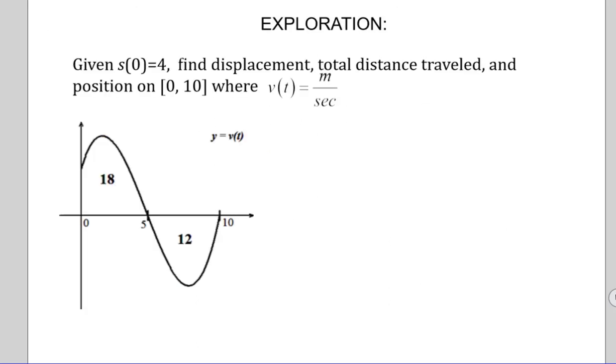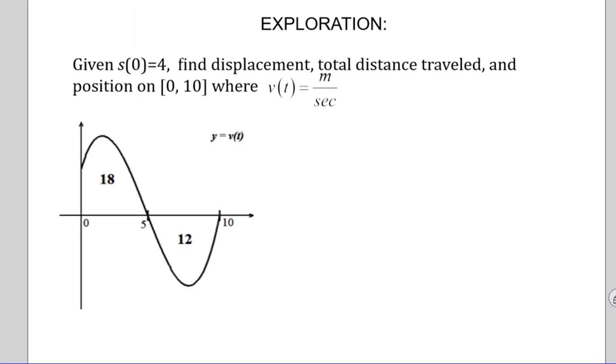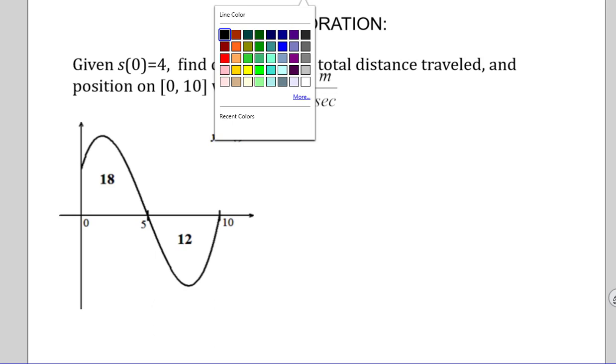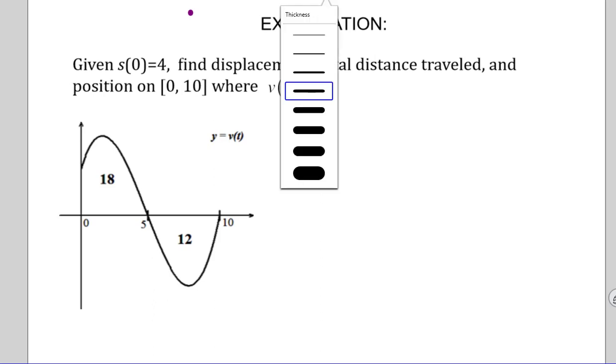All right, so let's see if we can answer those things for this example. It says given s of 0 equals 4, find displacement, total distance traveled, and position on 0 to 10, where v of t is in meters per second.